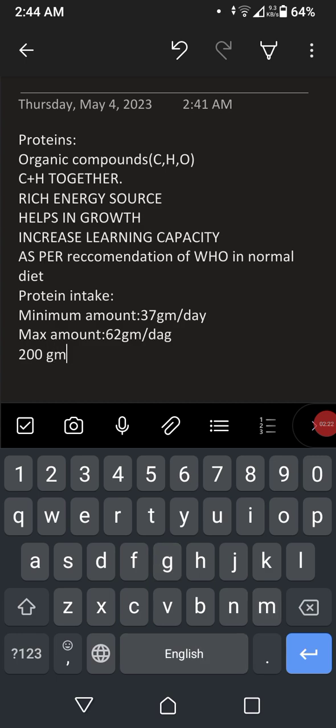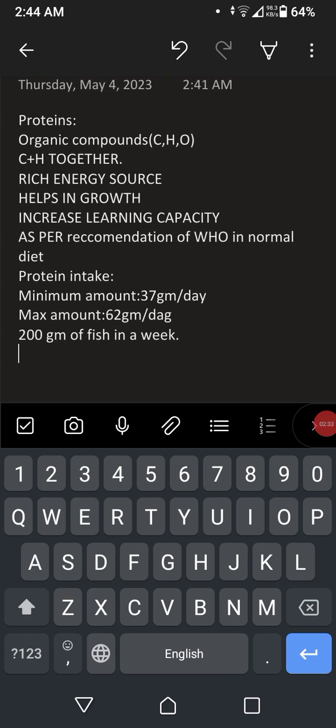And it has been said that living organisms need to eat 200 gram of fish in a week. It would be healthy for living organisms.